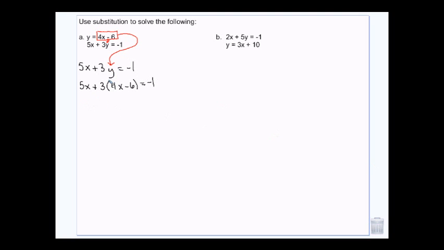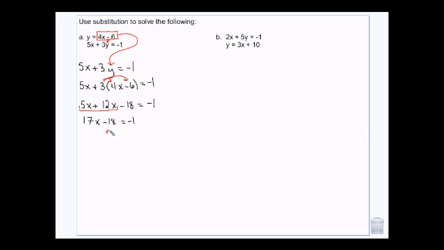Okay, from there I need to distribute that 3. So 5x, 3 times 4 is 12, 3 times negative 6 is negative 18. Then I have to combine my x's. 5x plus 12x is 17x minus 18.